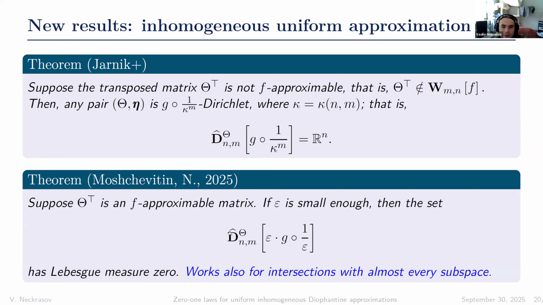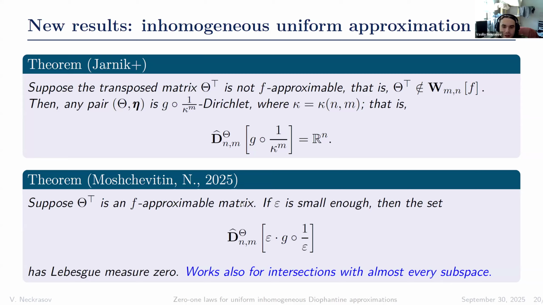And in this case, we can ask the same question: how big is the set of shift vectors where we can improve Jarnik theorem? And it turns out that this set also has measure 0. The only difference is that instead of taking any epsilon smaller than 1, we take a constant epsilon which is small enough, where small enough is explicitly stated. The bound is not 1.